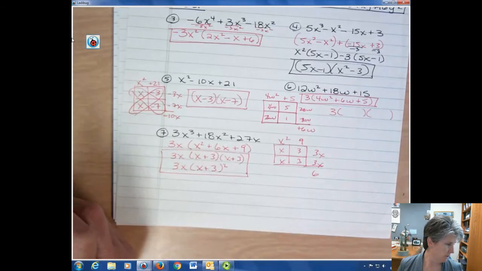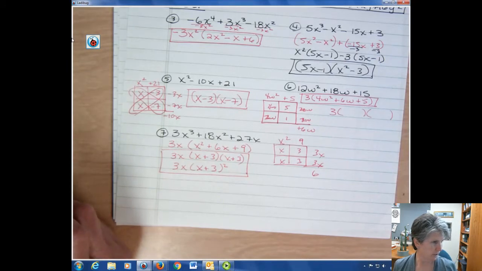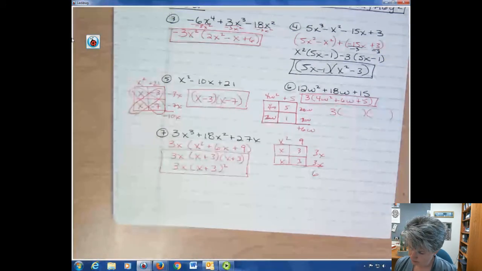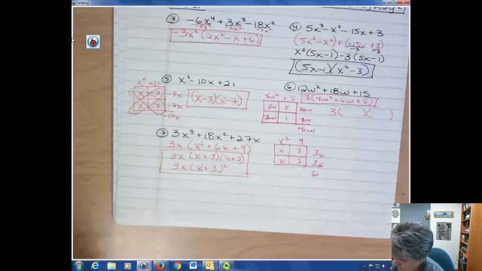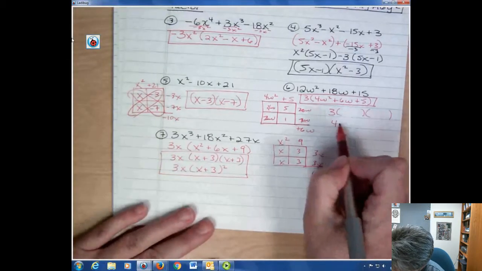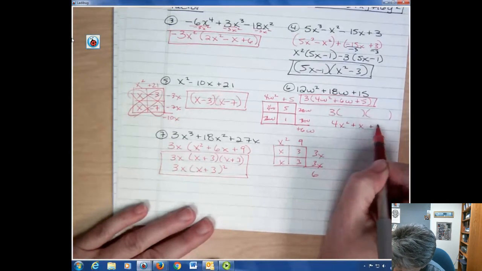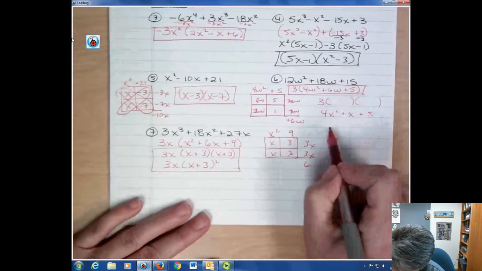Okay, so I'm trying to look at the number that I had, trying to find where I had written down that example that I messed up. I'm not going to go back to it. So let's say I had this problem, 4x squared plus x minus 5, and I wanted to factor that.